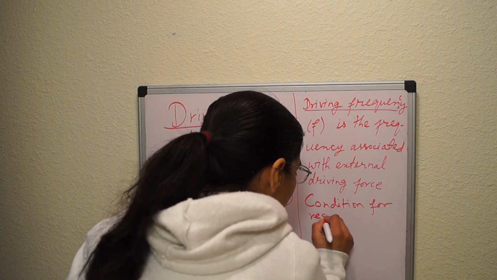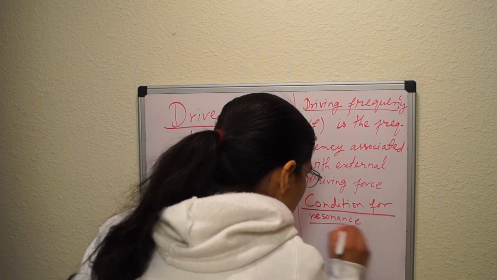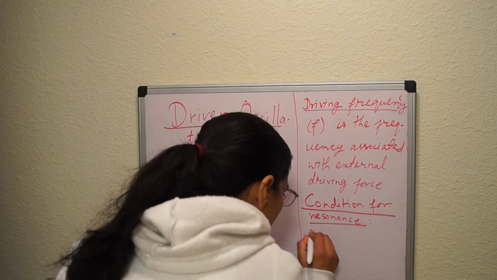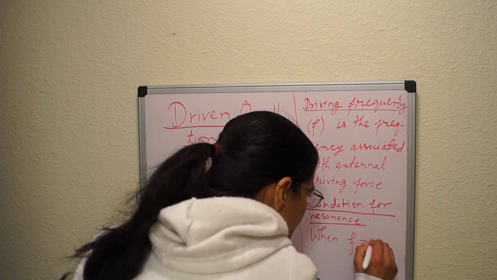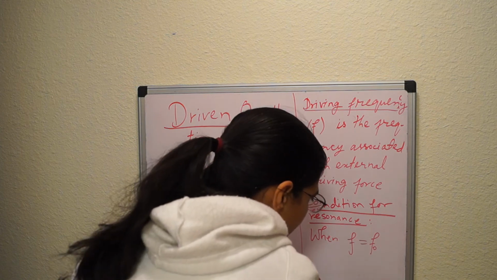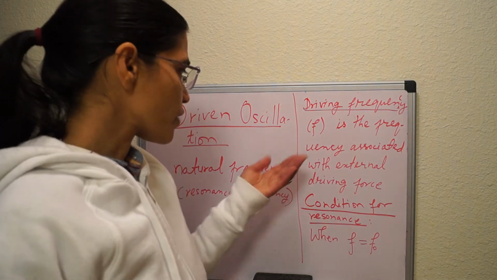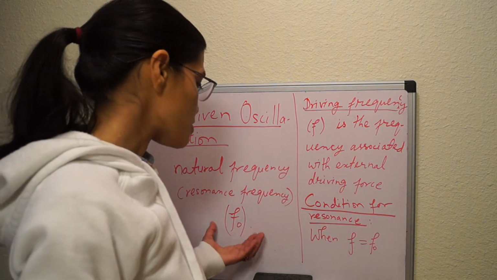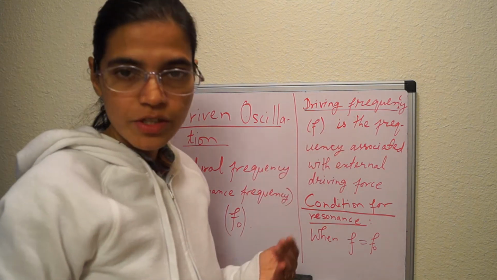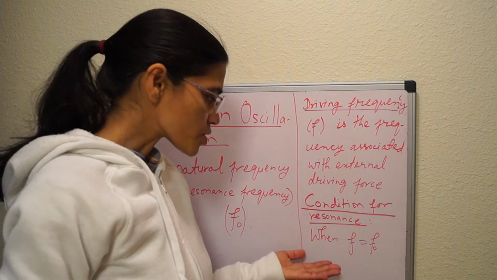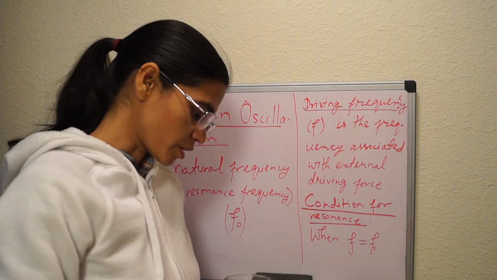The condition for resonance is when we have f equal to f naught, or very close to each other. That's the mathematical condition. When the natural frequency of the system is equal to or very close to the driving frequency of the external driving force, the whole system will go under very, very large oscillation.